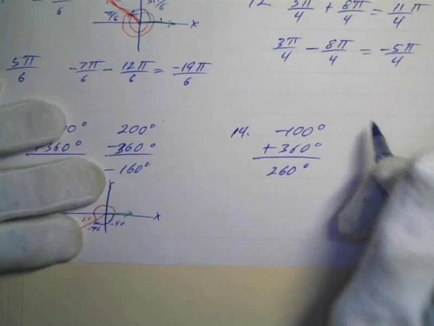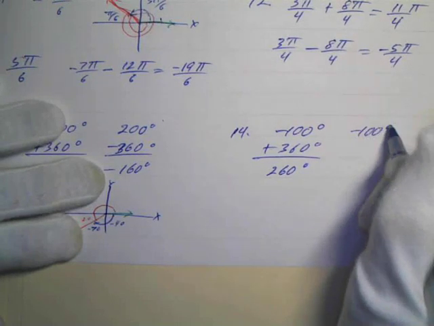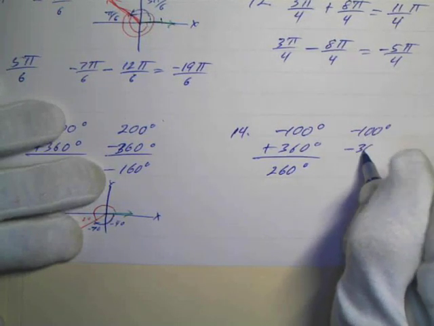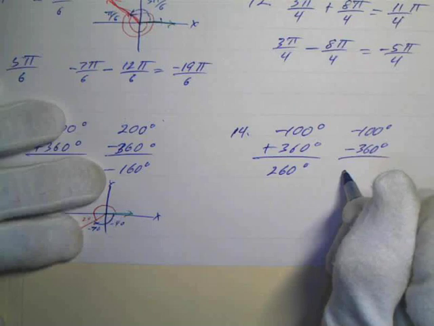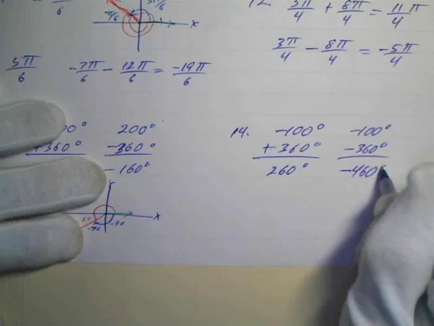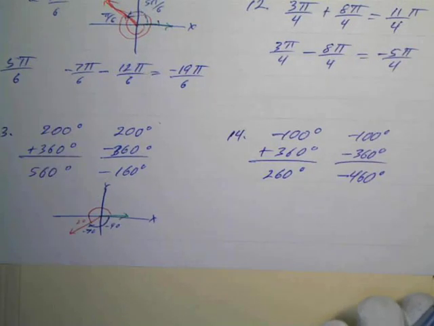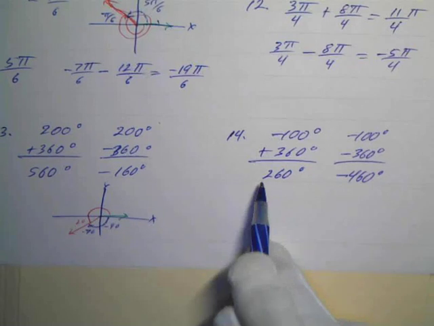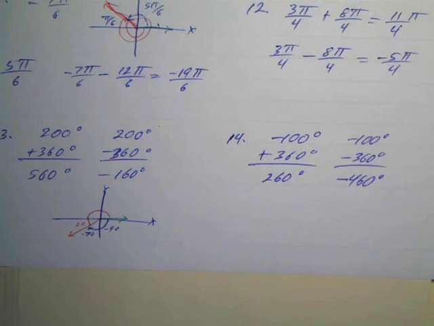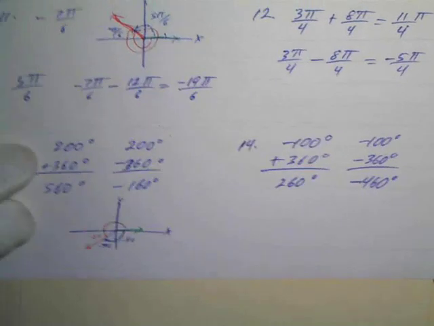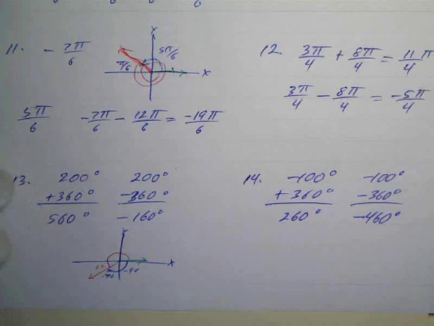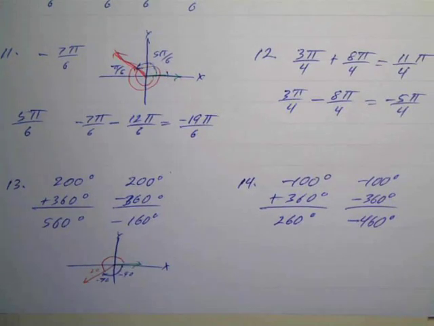And then I could take negative 100 degrees and subtract 360. That'd be minus 460 degrees. Okay? So there's a positive and negative coterminal angle, so those aren't too bad. Okay, so I hope that is okay.